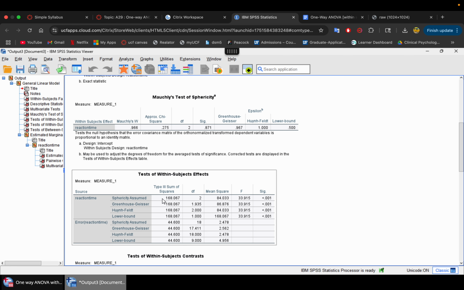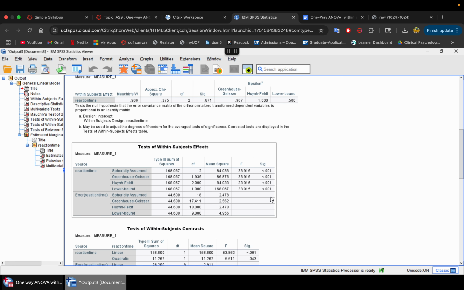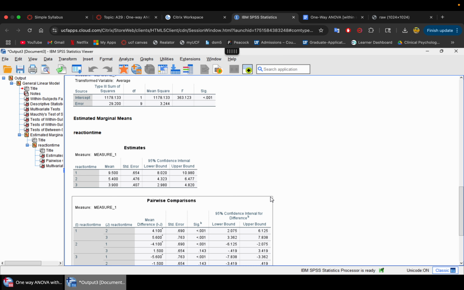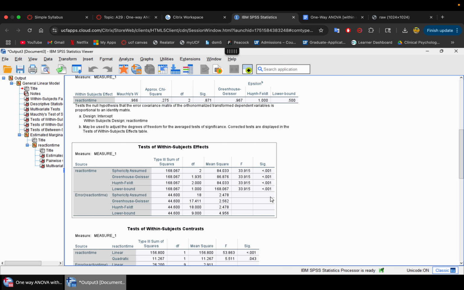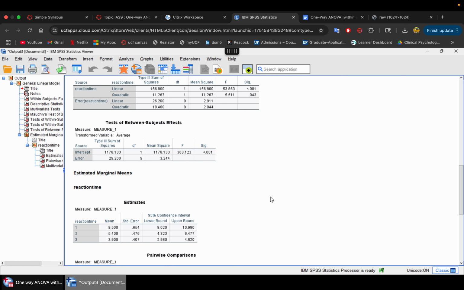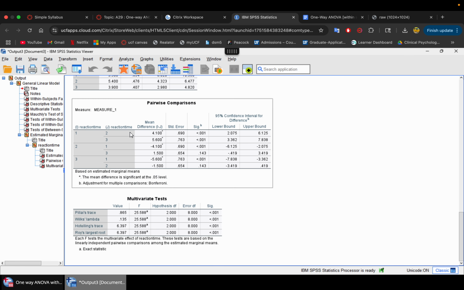So we can go ahead and look at the specific comparisons. If we go to this pairwise comparisons table, we're going to look at coffee, which is 1, 2 is decaf, 3 is none. Everything below 0.05 is going to be significant.